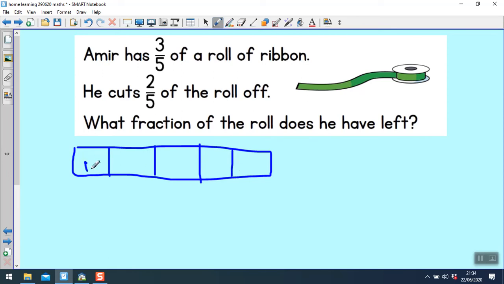So Amir has got 3/5 of a roll of ribbon. He cuts 2/5 of the roll off. So now we are subtracting. So what we can do here is actually cross off the ones that we don't want anymore, making sure you cross off the ones that you've already shaded in. So I cross off 2/5 and I'm left with 1/5 of the roll left.